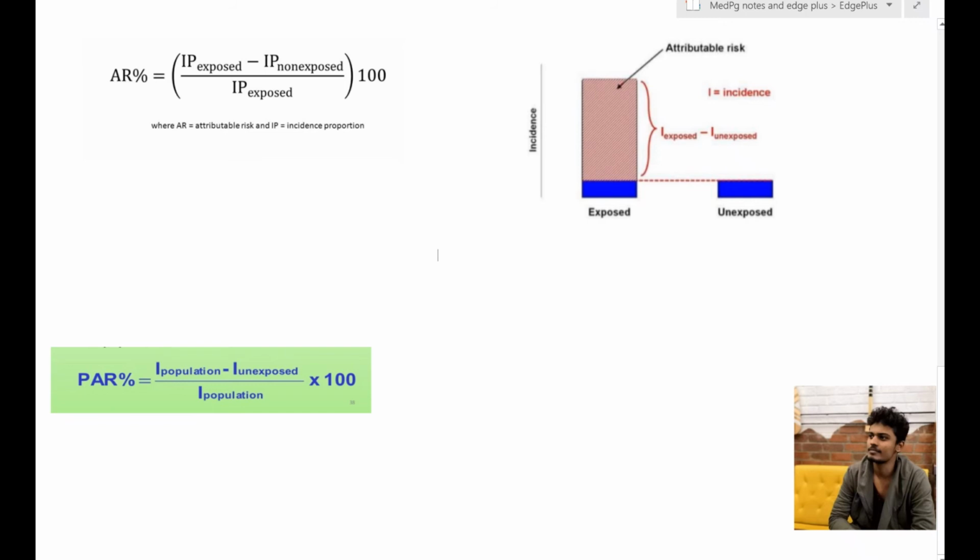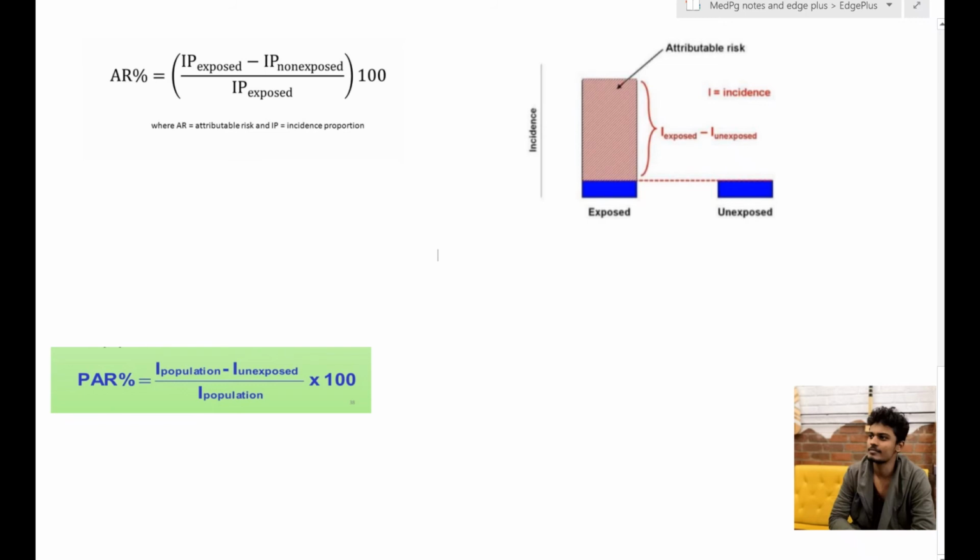That is the population attributable risk. If you take out the risk factor or the exposure, how much of the disease can be reduced? That is the total volume of the disease attributable to this particular causal factor, and if you intervene, how much of it can be reduced. That is called population attributable risk.